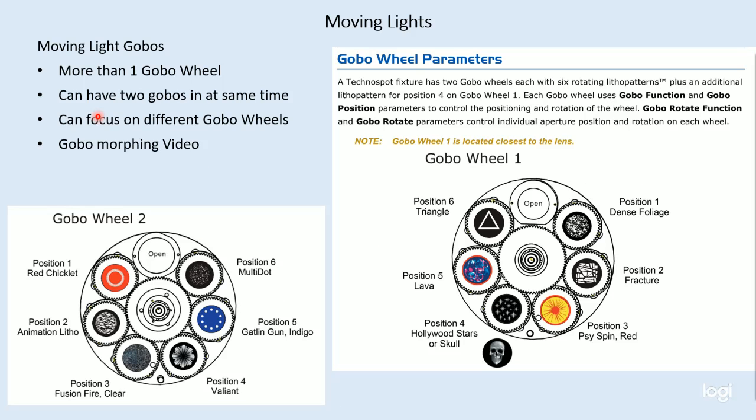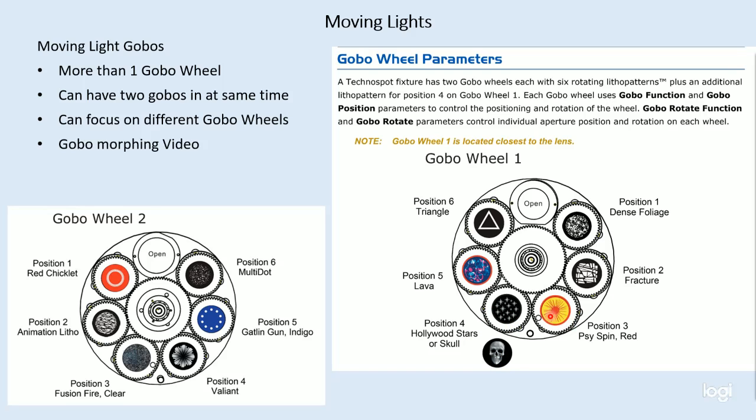Moving lights will often have more than one gobo wheel. If we take a look at our Techno spots that we have in the light lab, you'll see that I have gobo wheel 1, and it has a triangle and this little tie-dye pattern, and we have the Hollywood stars, not the skull, so if you're looking for the skull, forget it.